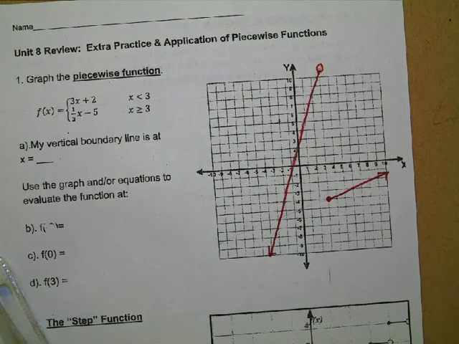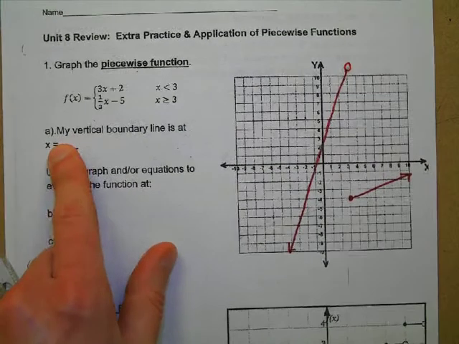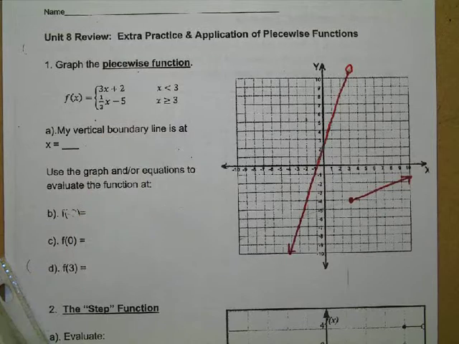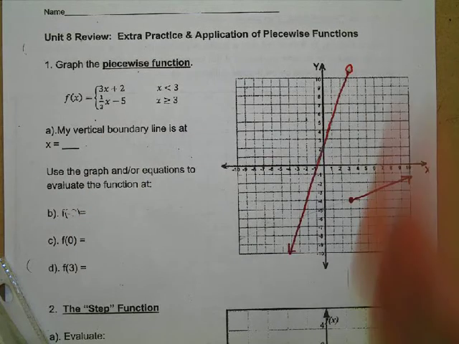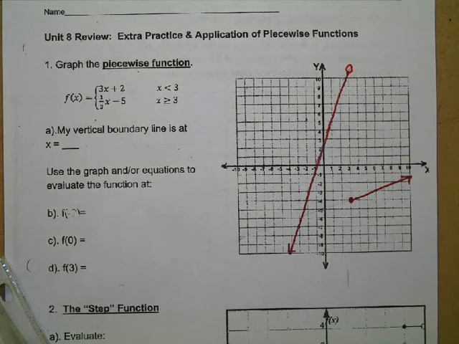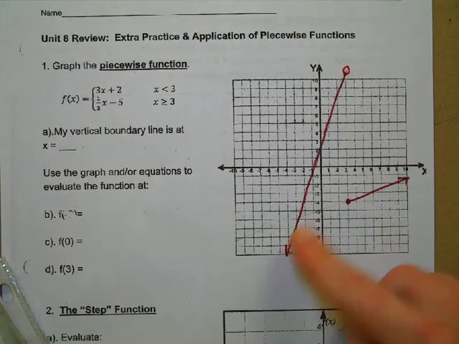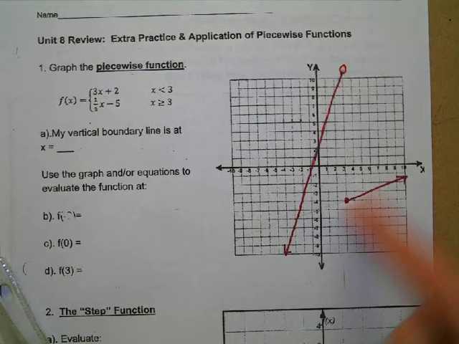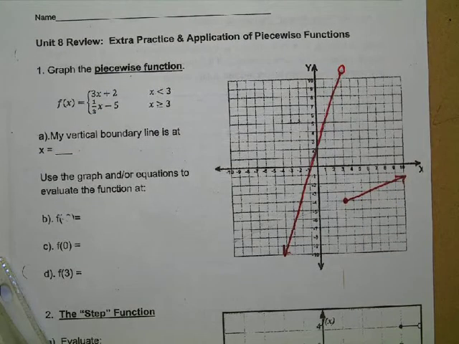All right, so letter A here, what was our boundary line? At what x value? Let's go to Chloe. Chloe, at what x value do we switch over here? What's the boundary here? What's this x value where we switch? Do we switch from this graph to this graph? You need me to zoom in some for you there?